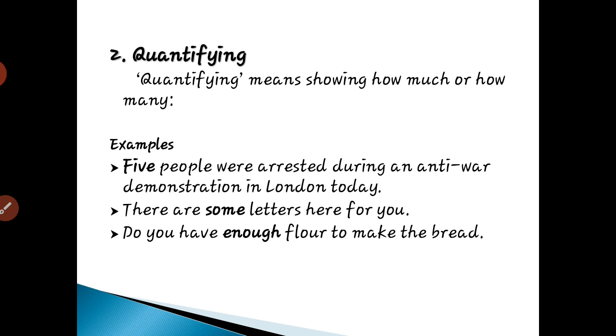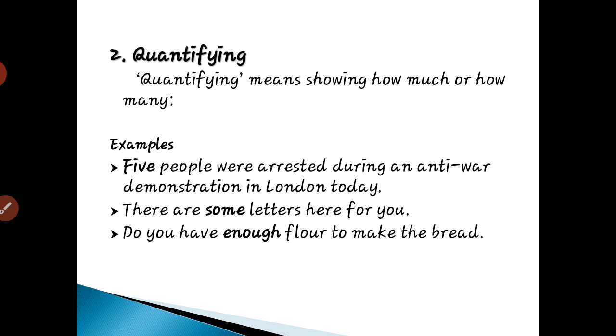For example, here they are talking about the bread, so he is asking, do you have enough flour to make the bread? So here enough is also a determiner, where it is referring to the quantity.